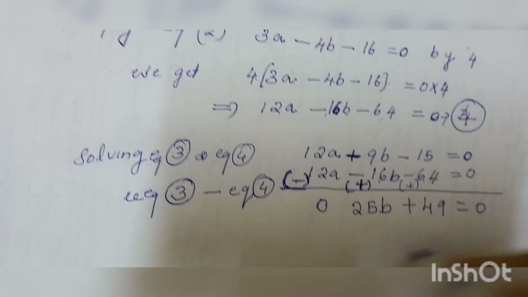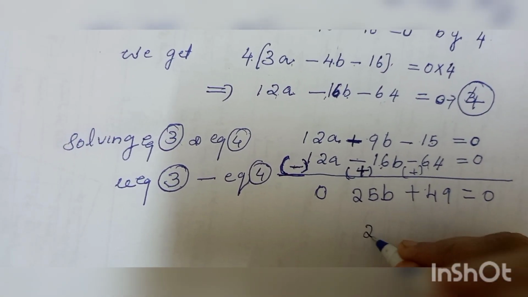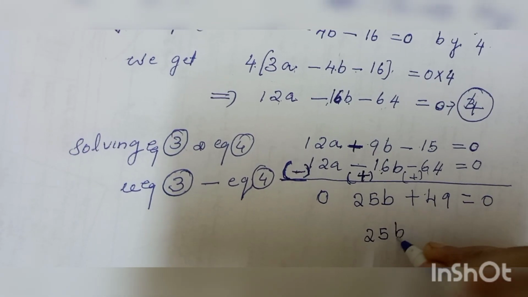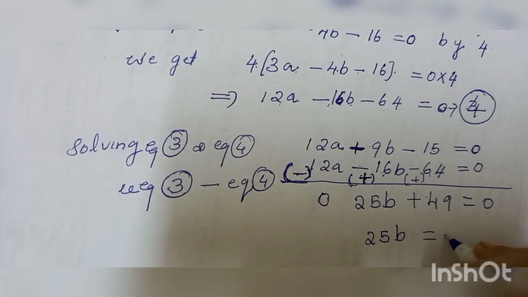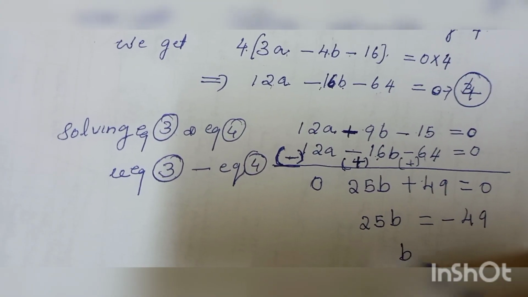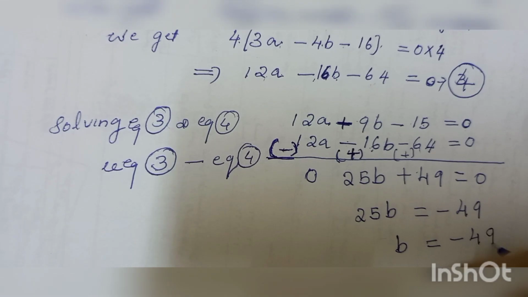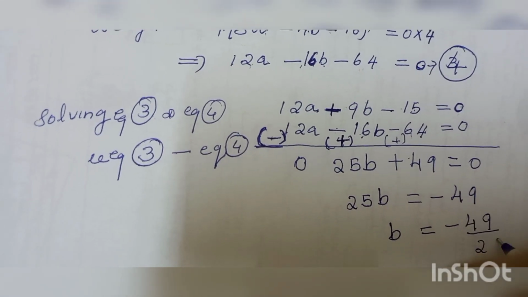Transpose this 49 to this side, so 25b is equal to minus 49. So b is equal to minus 49 by 25.